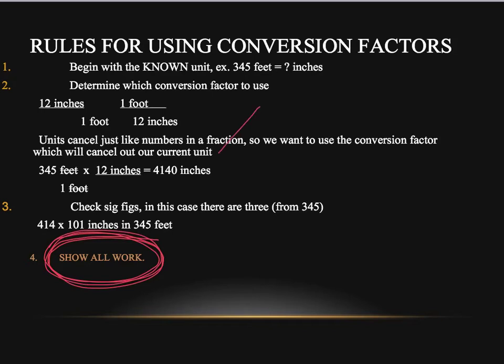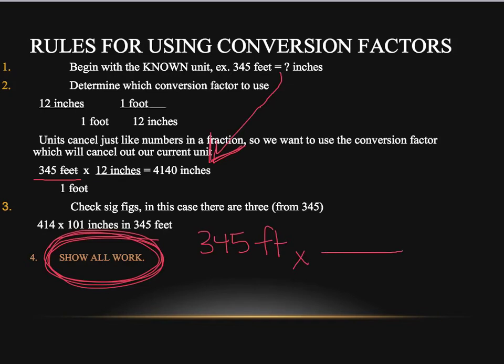So for example, take a look at this one here. If we want to know how many inches are in 345 feet, we start with the known value, 345 feet. I'm going to rewrite this down here so the fractions are level. We always include units. So we need to use an equivalence statement that allows us to cancel out the feet and get into inches.